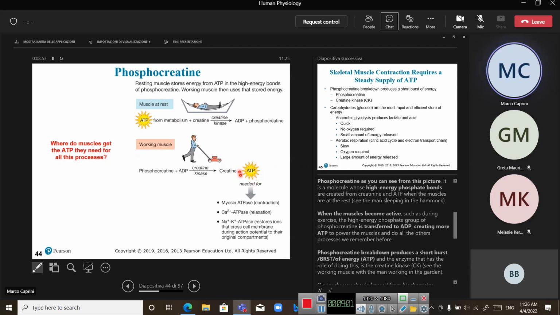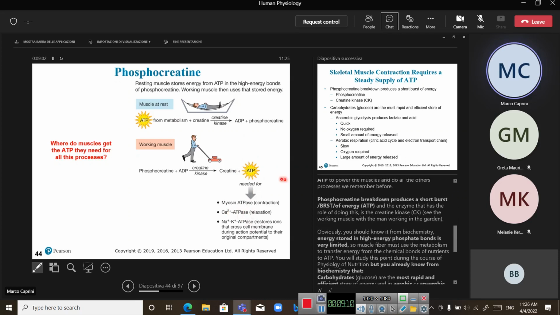And also all the processes in which the ATP is involved. So the phosphocreatine here is produced when the muscle is at rest and is used here when the muscle is working. But not only when the muscle is working, but also for all the other processes that need the ATP, such as the calcium ATPase, the sodium-potassium ATPase, etc.